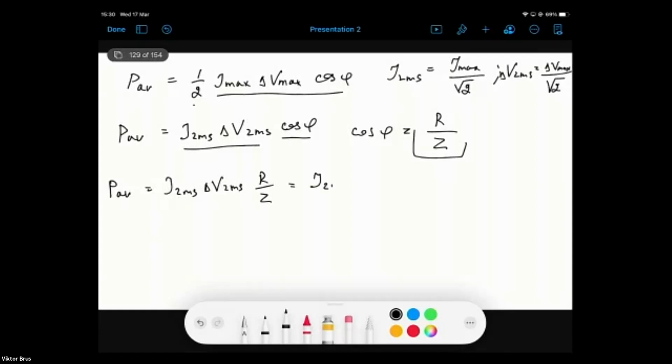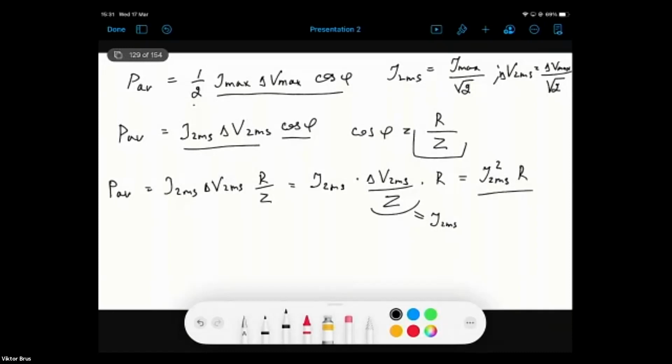It will be IRMS times delta V RMS divided by impedance, times R. And this part is equal to IRMS. So eventually we get the expression IRMS squared times R.